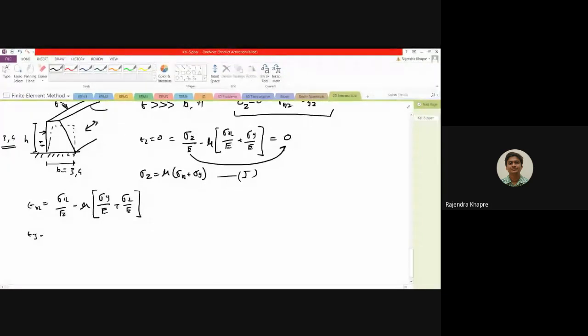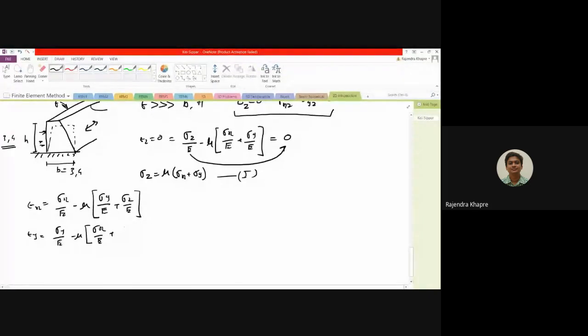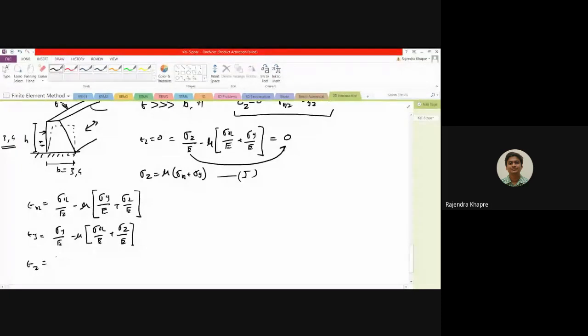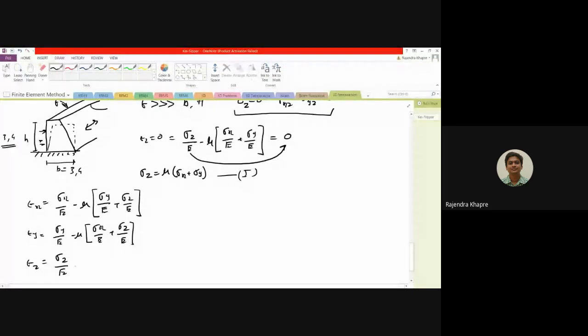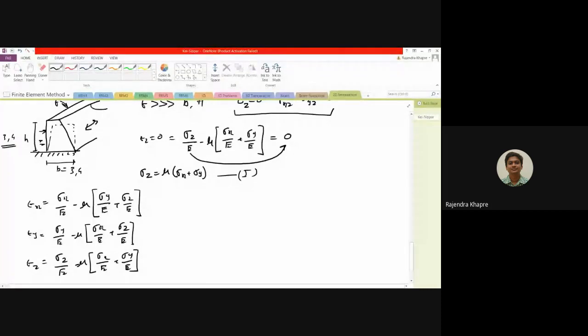Then epsilon y can be written as sigma y upon E minus mu times sigma x upon E plus sigma z upon E. So this is another expression. And epsilon z can be written as sigma z upon E minus mu times sigma x upon E plus sigma y upon E. So these are the basic expressions.